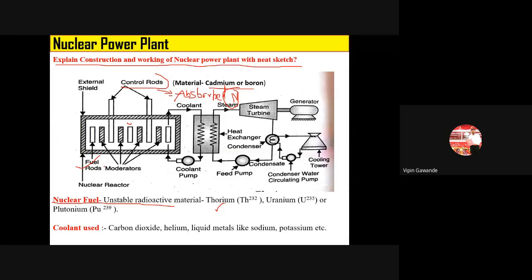Moderators slow down the neutrons. Once the neutrons get slowed down, we can control the energy generation. The difference between control rods and moderator is what? Control rods absorb the neutrons, while moderators only slow down the neutrons and do not absorb them. So that is the thing.